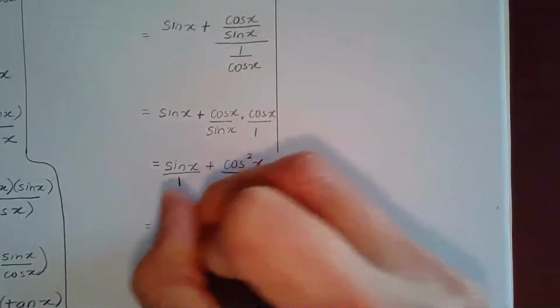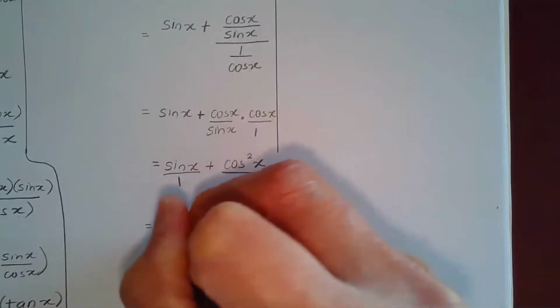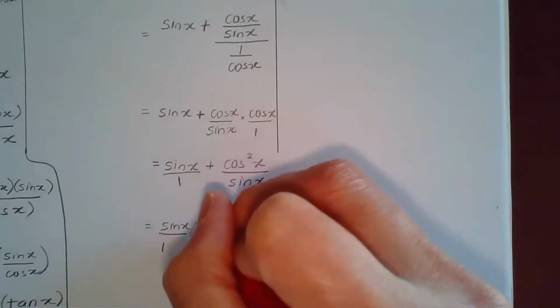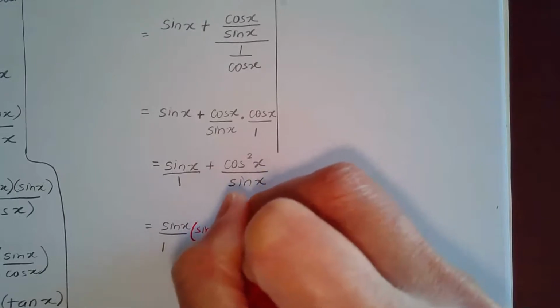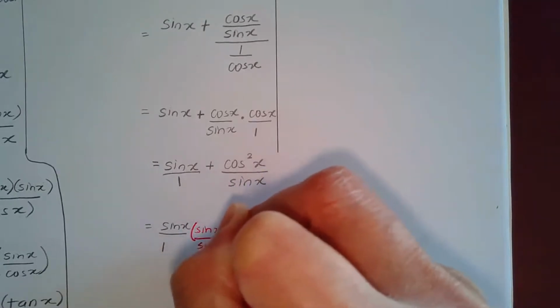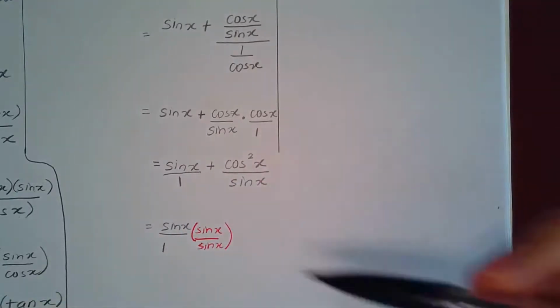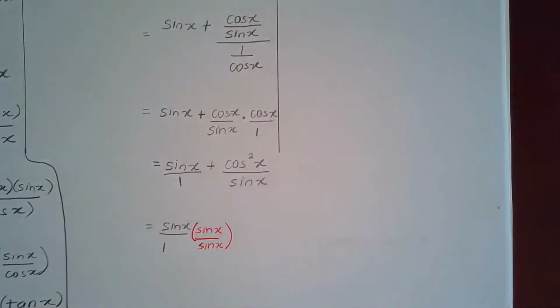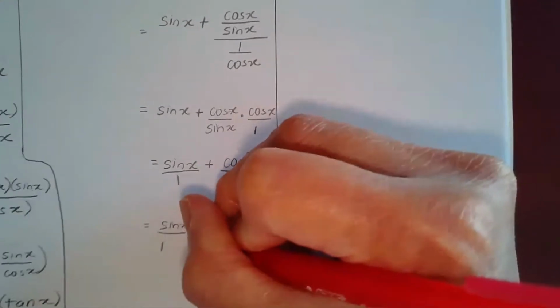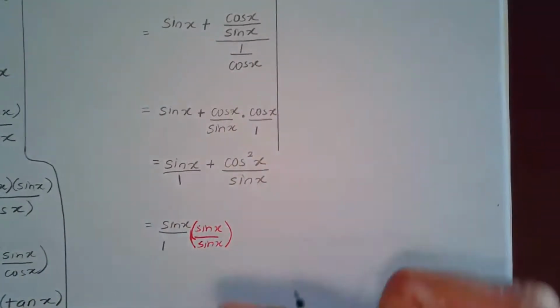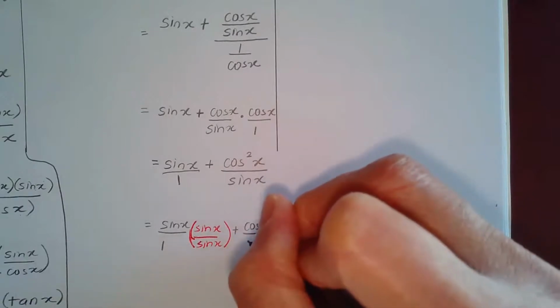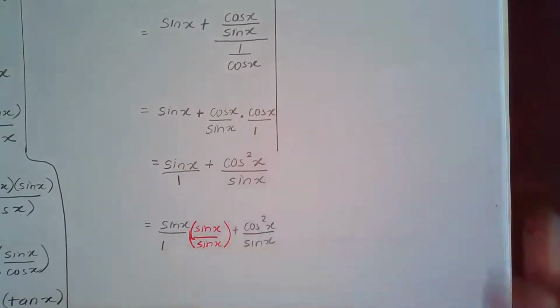We're going to go sine of x over 1 times sine of x over sine of x. That's what I had to multiply by to get the same denominator. Plus cos squared of x over sine of x.